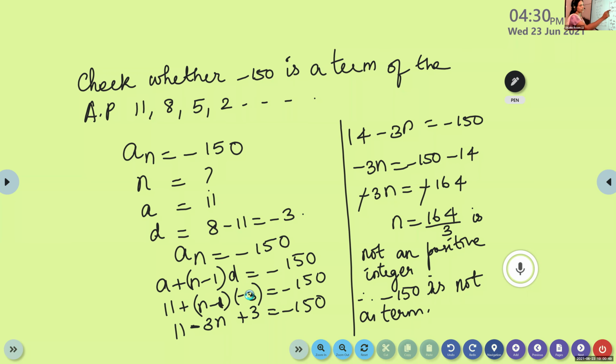Negative 3n is negative 150 minus 14, since plus 14 becomes minus 14 when transposed. So negative 3n is negative 164. Cancelling the negative on both sides, n is 164 by 3. It is not possible to divide, so it is not a positive integer. Since n is not a positive integer, it is not a term of the sequence.